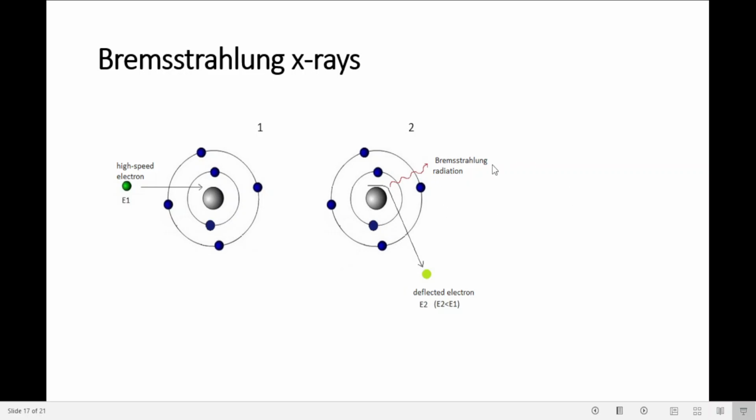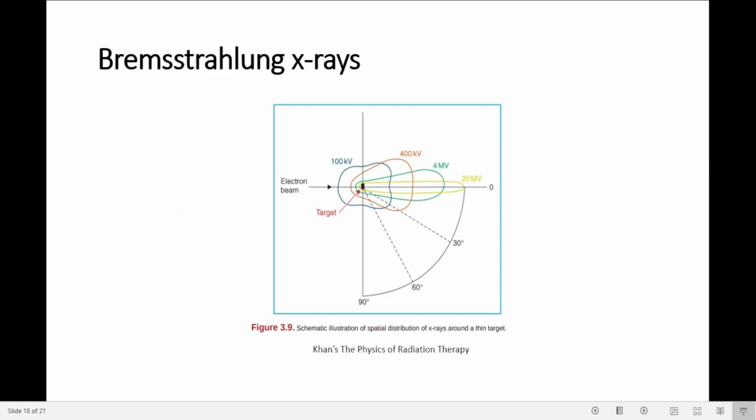The Bremsstrahlung radiation can have any value. It will depend on the energy of this electron and how it is deflected, how it is decelerated, and how much energy it loses. So Bremsstrahlung X-rays form a continuous spectrum because of that.